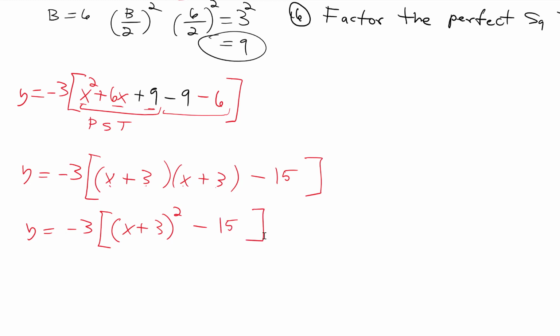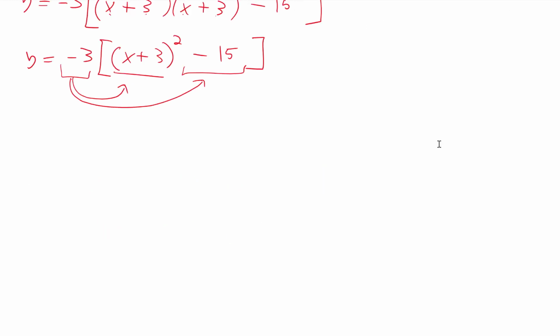Okay, but we're not done. We have to distribute this negative 3 to both of these here. And so let's do that right now. We got y is equal to negative 3(x + 3) squared. And then negative 3 times negative 15 is a positive 45.